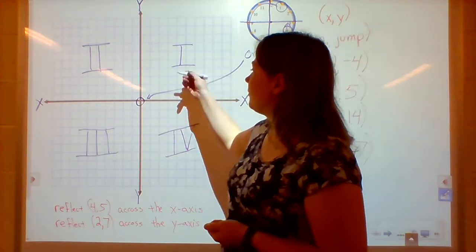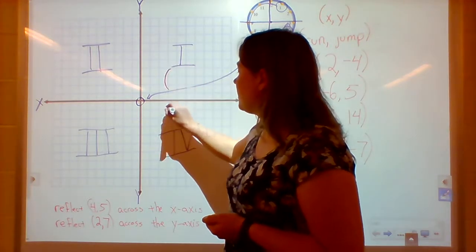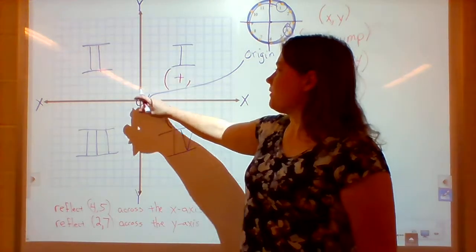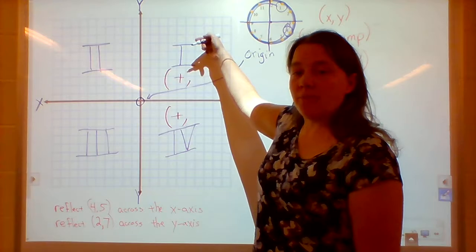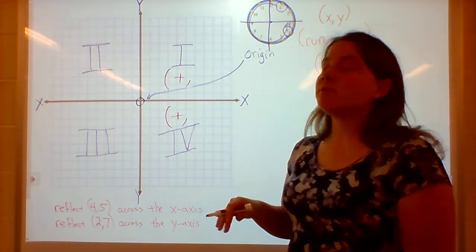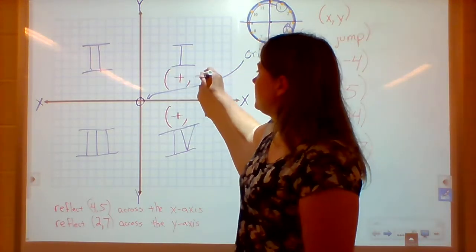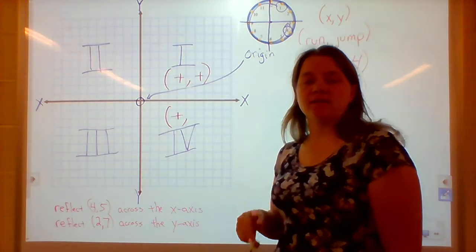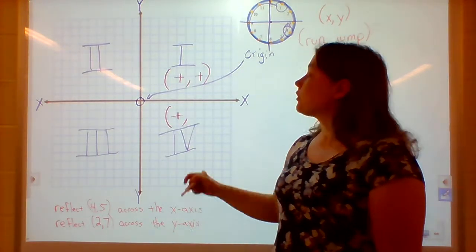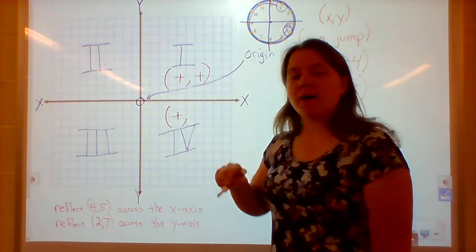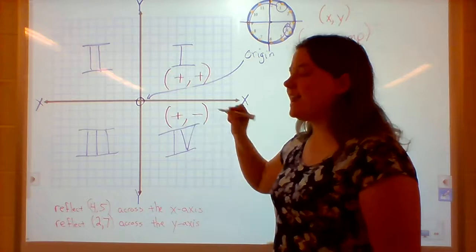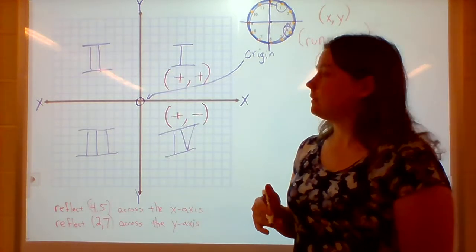So my run number on this side is always going to be positive. If I run and then I jump up, I'm going to land in quadrant 1. So quadrant 1 has a positive, positive coordinate pair. Quadrant 4, you're running in a positive direction, but then you're falling. So that has a positive, negative coordinate pair.